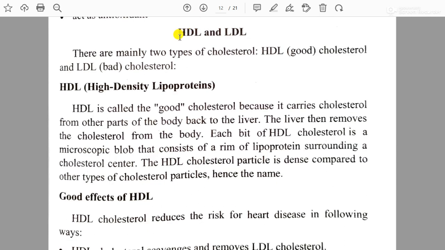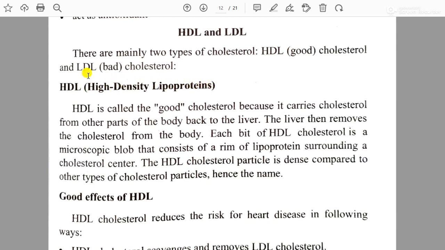Now let us learn about HDL and LDL. There are two main types of cholesterol, which are HDL, that is good cholesterol, and LDL, that is bad cholesterol. HDL is also called high density lipoprotein.